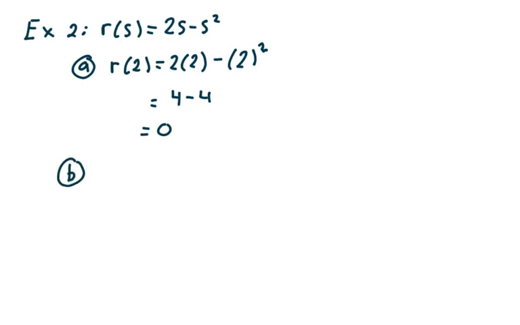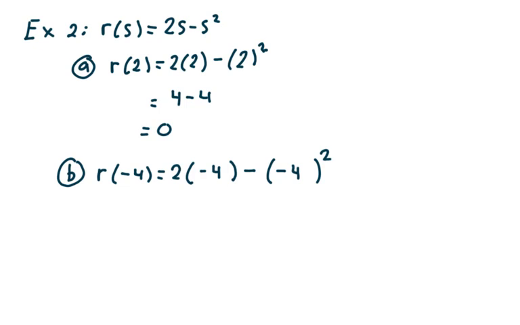If we take a look at B, this is R evaluated at negative 4. So wherever I see an S, I'm going to replace it with negative 4. So I take 2 times negative 4, and I'm going to subtract off negative 4 raised to the second.